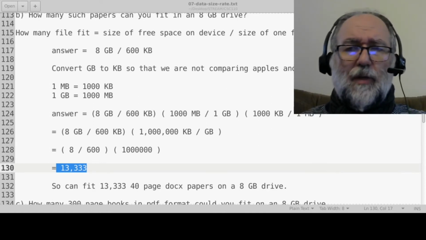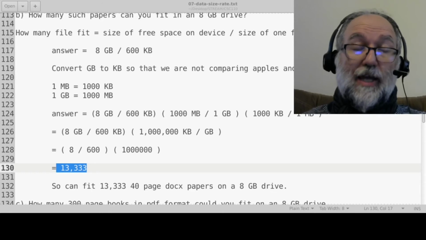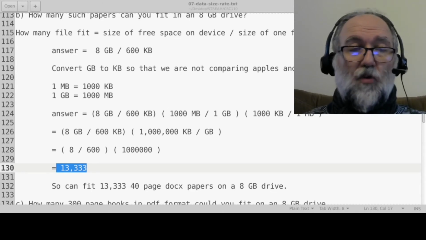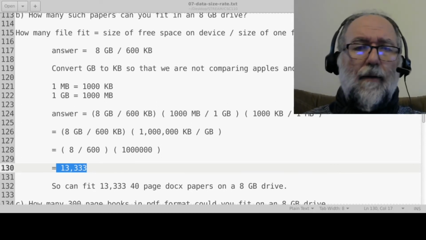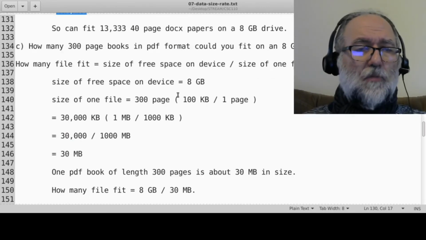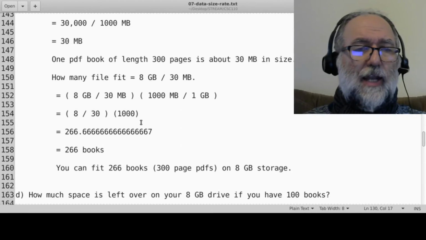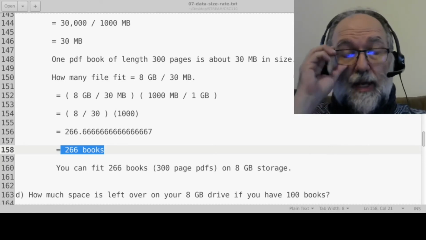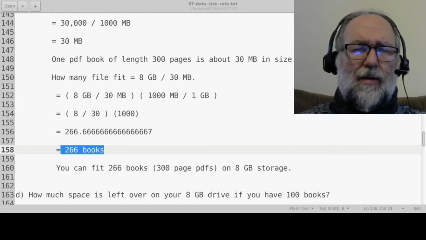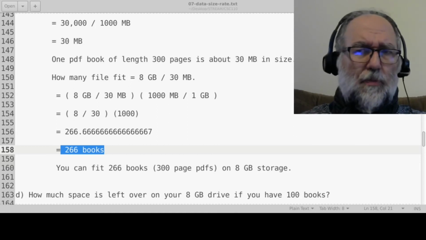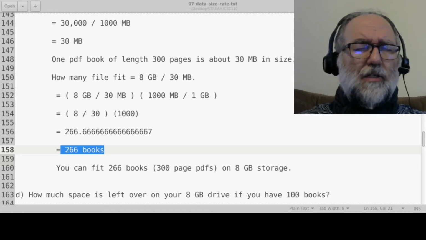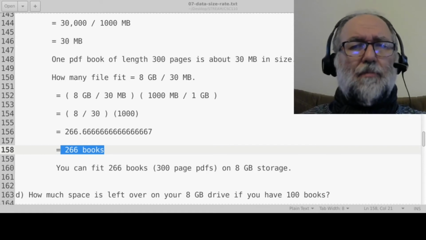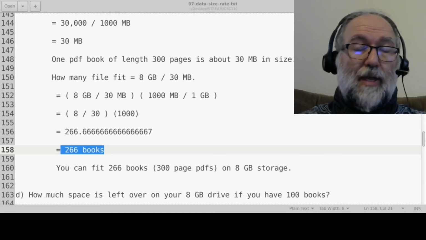And then you might say to yourself, but I also have to have space for these textbooks, because I'm getting these textbooks in PDF format. I know we still buy physical textbooks, but you can get textbooks in PDF format. And you say, well, how many of these textbooks could I get on there? And 266 books, and these would be fairly big PDF files, because remember, we did an estimate of 100 kilobytes per page, and that's like maybe a physics or math textbook might be up there, but lesser textbooks might not even be that big.